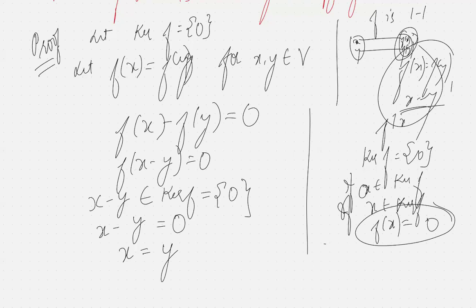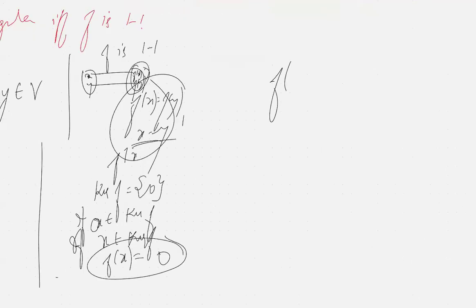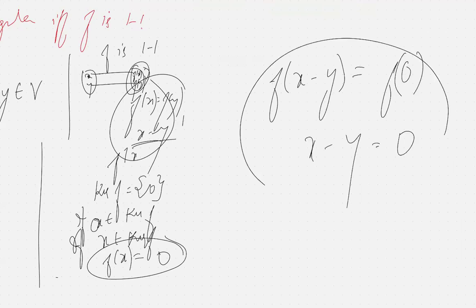Now, one important thing I would like to tell you: when we think of how to do the question, we can't do f of x minus y equal to f of 0 and just write x minus y equal to 0 so that x becomes equal to y. This is not possible.